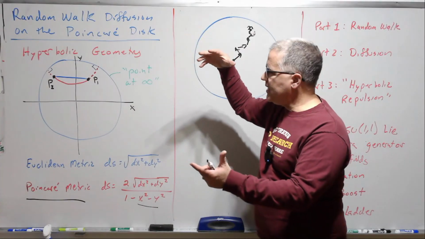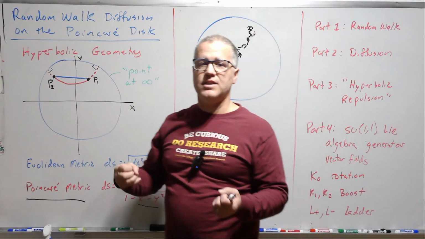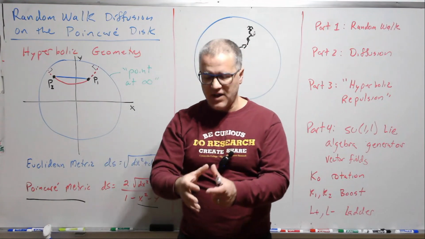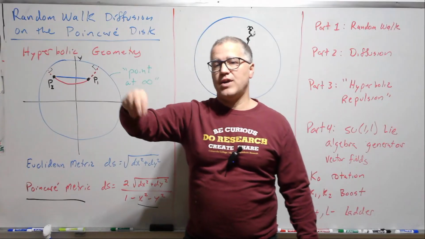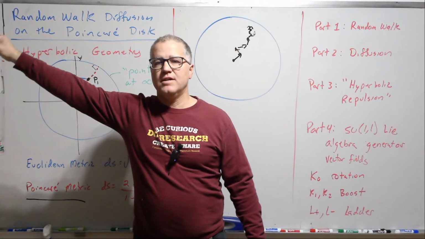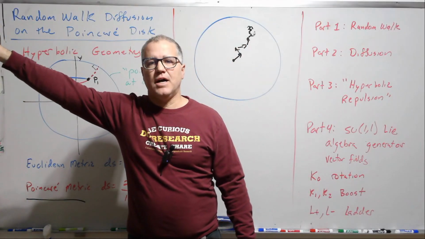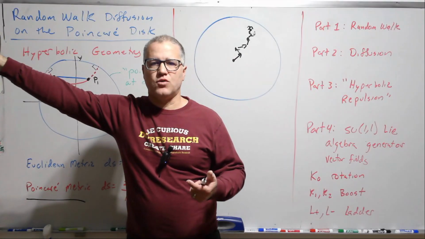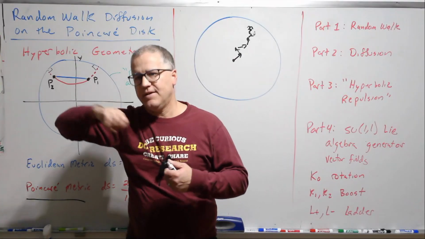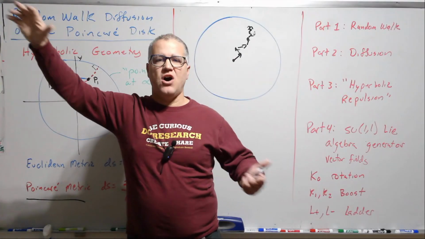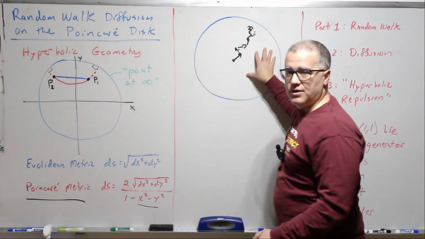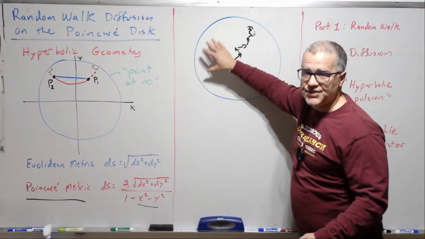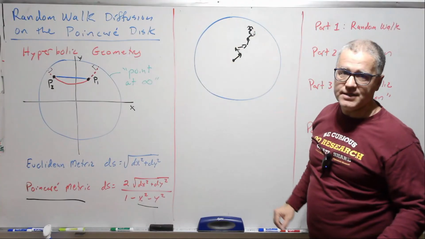So instead, the analog in the Euclidean case would not be confined to the circle, but to all space. And so if a particle's random walking over time, eventually it will end up quite some distance from the origin, and finally just get lost to the vastness of the space. Well, that's what we would expect to happen here inside the Poincaré disk.